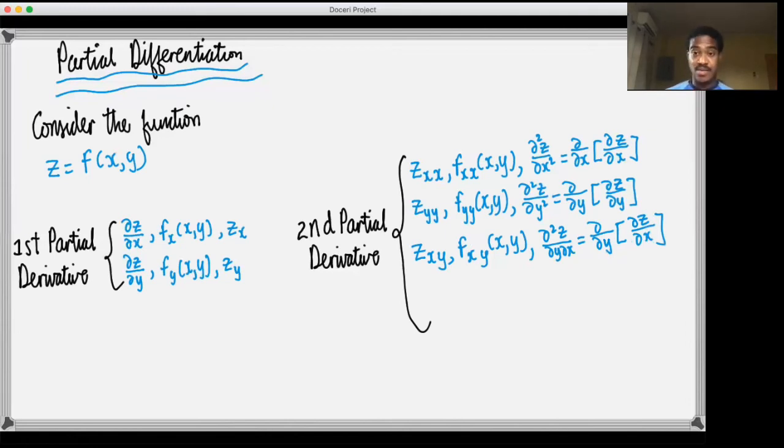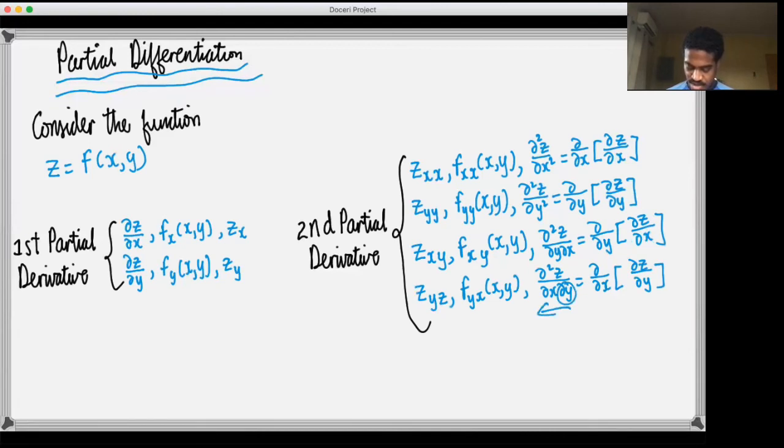And lastly, we have this guy, y then x. If we differentiate with respect to y then x, this is what we have here. So as I said before, you differentiate with respect to y first, and then you differentiate with respect to x. So y then x. It's kind of different. The order of this is a bit different to how we have it here.